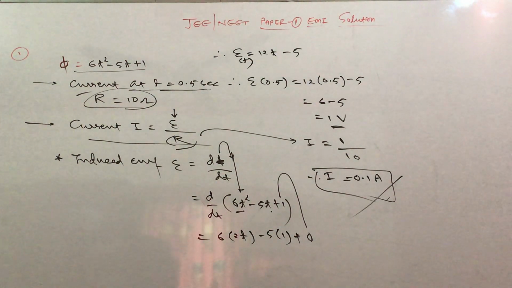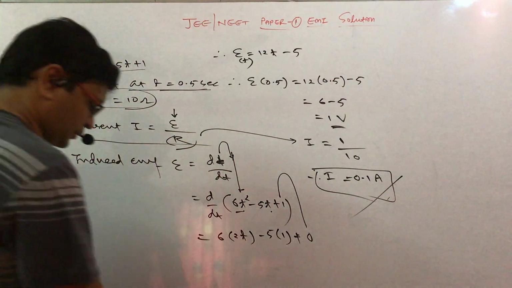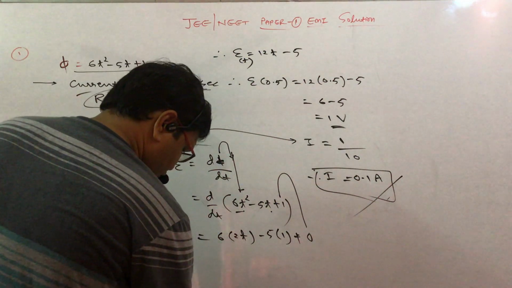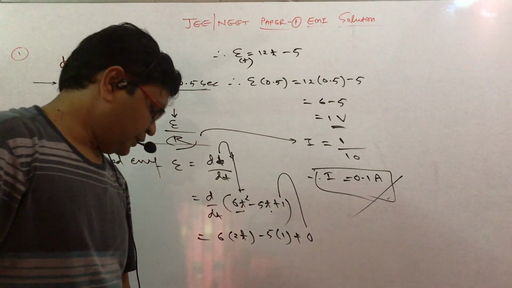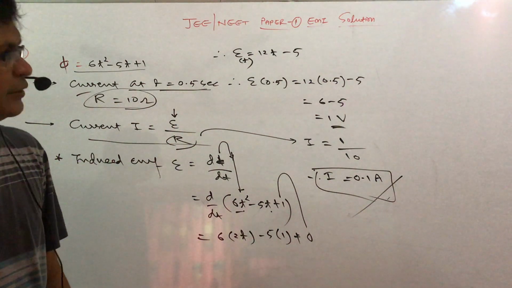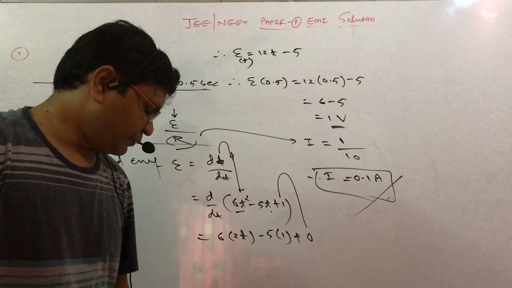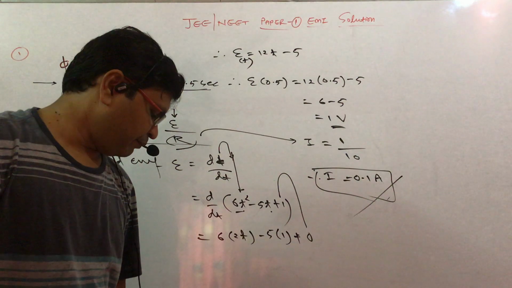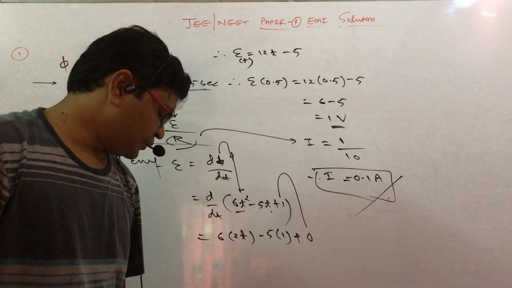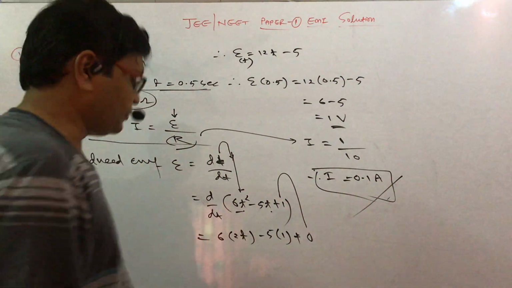Okay friends, so we have discussed question number 1. So now we would like to think about question number 2. A coil of surface area 100 centimeter square. Area of coil is given, having 50 turns, is held perpendicular to magnetic field of intensity 0.02 Weber per meter square.